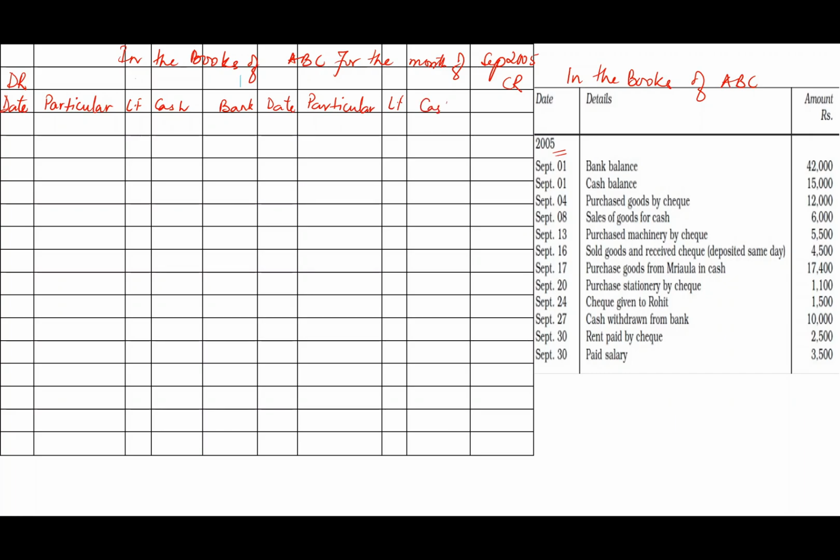Then you have cash, bank. Now these are rupees. So this is rupees, this is again rupees, and this is rupees. Cash and bank both are in rupees. So I'll just write like this.